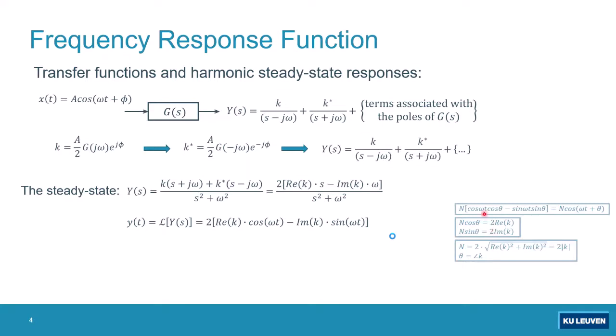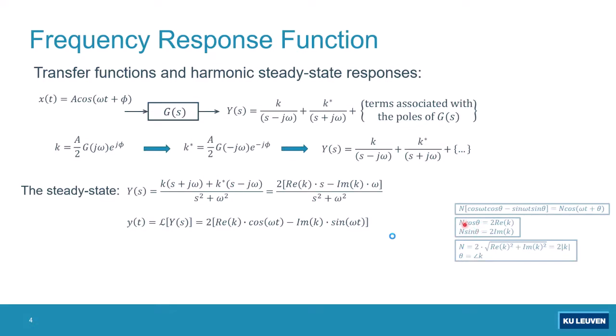In this case, if I can repeat it again, n cos theta is my 2 times real k in here, while n sine theta in my case here is equal to 2 times imaginary k here. I can solve the value of n and the value of theta here.